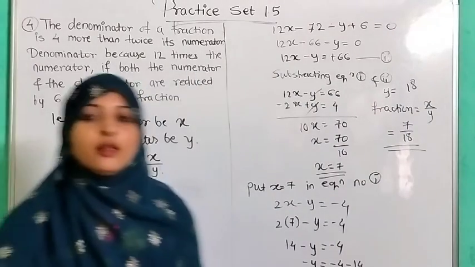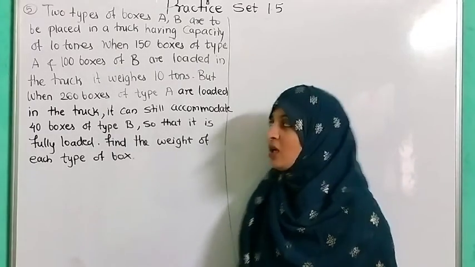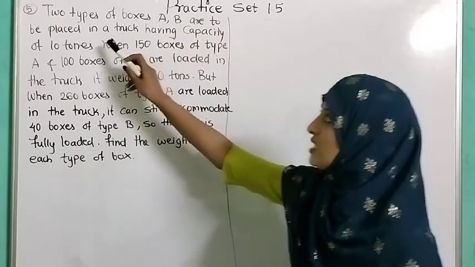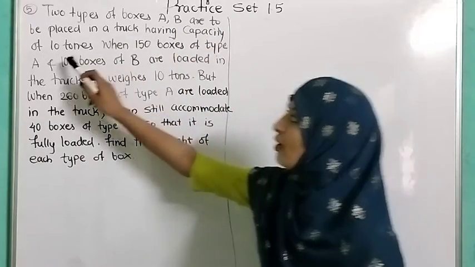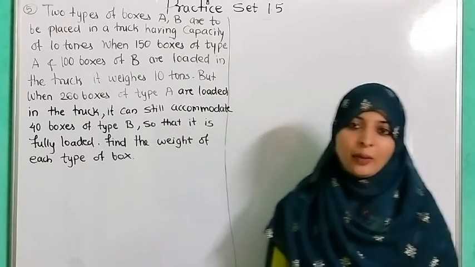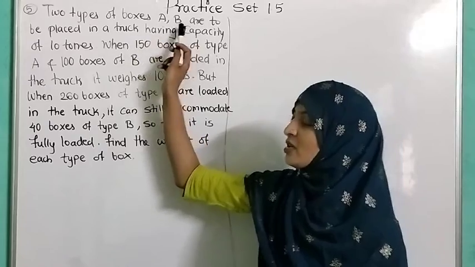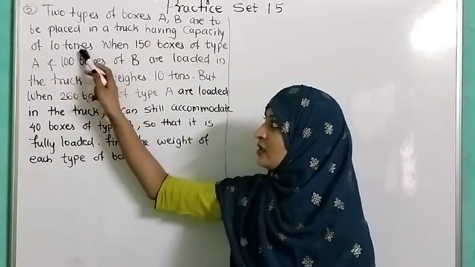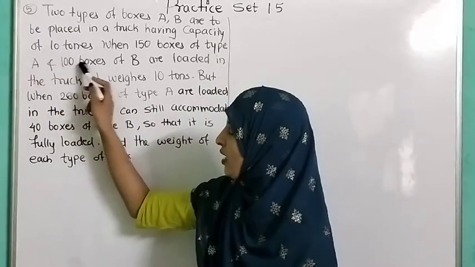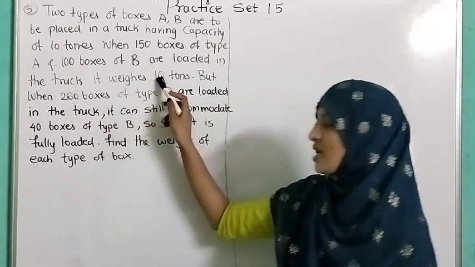Now we are going to solve the next question. The second last question is, two types of boxes A and B are to be placed in a truck having a capacity of 10 tons. When 150 boxes of type A and 100 boxes of type B are loaded in a truck, it weighs 10 tons.